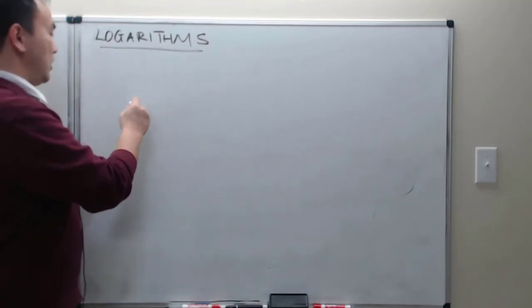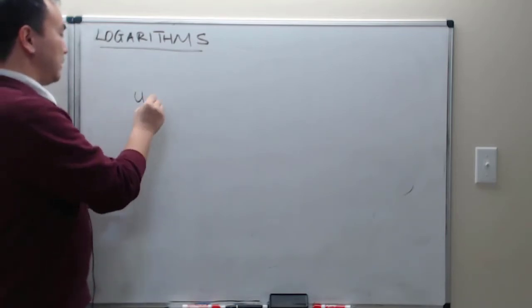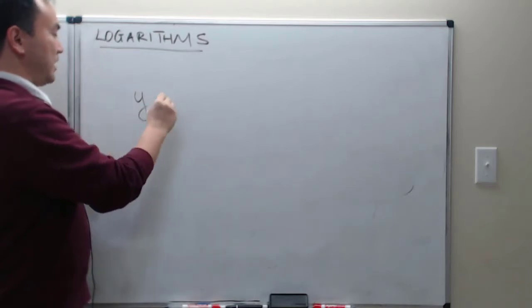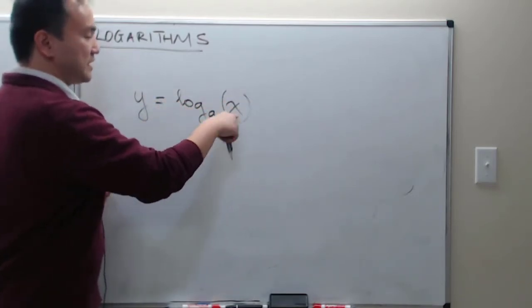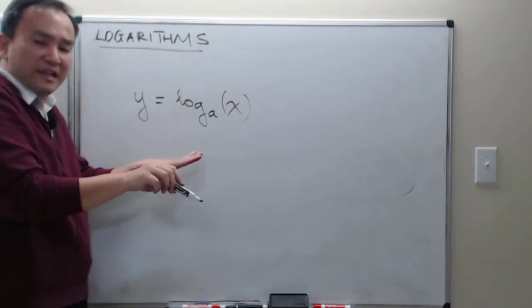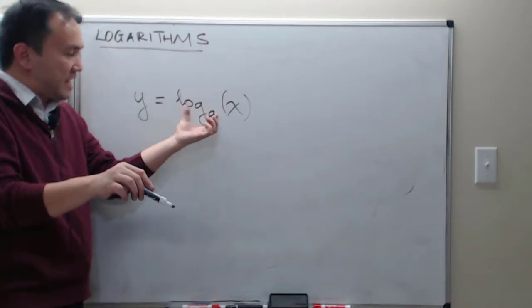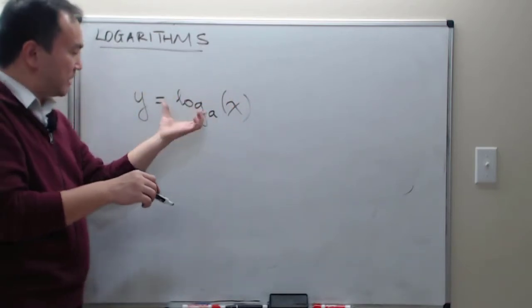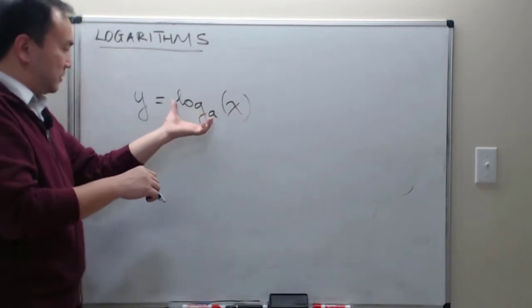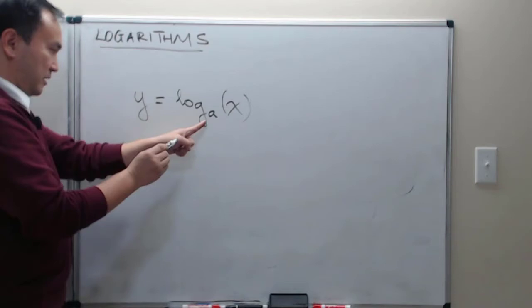What it means to be a logarithm is this: if y equals log base a of a number x, where x is the input, then at our calculus level we call this a function, logarithm base a of x. But think about the way we operate: log base a of x equal to this value means the base a.